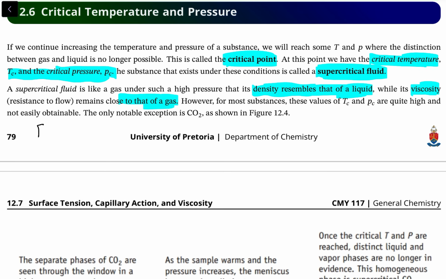For example, for water and most other substances, the critical pressure is 217.7 atmospheres, and the critical temperature is 374 degrees Celsius. So you can see it's a very high temperature and pressure.